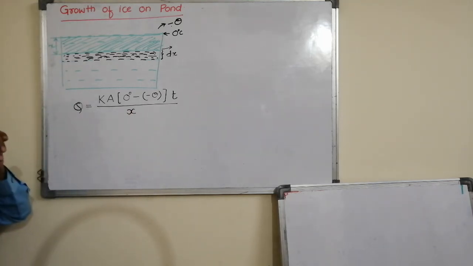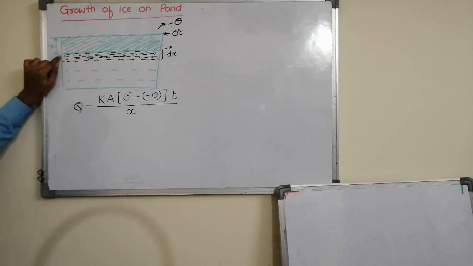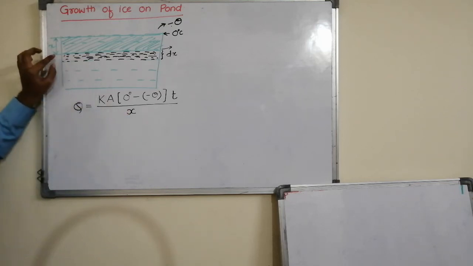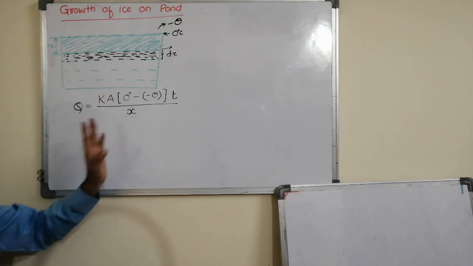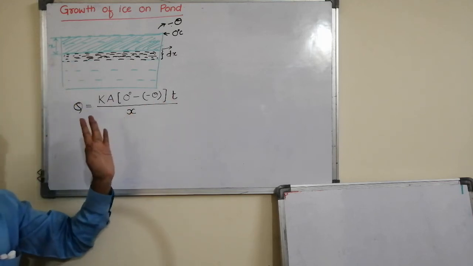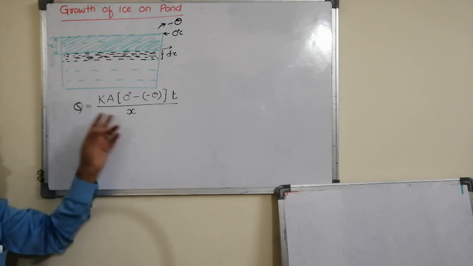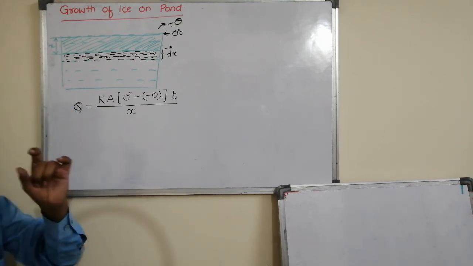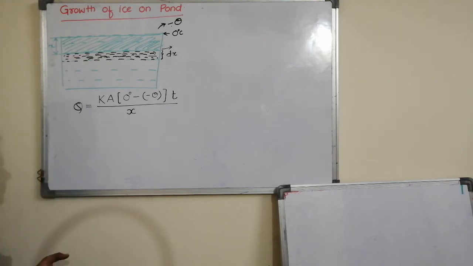We know that as the ice forms from here to here, this x keeps changing. It is not constant, it is variable. Here t as well as x are both variable. As these two vary, Q also varies. Hence we should take a small portion.